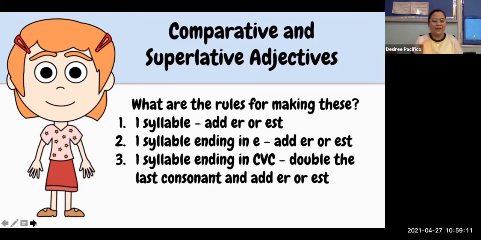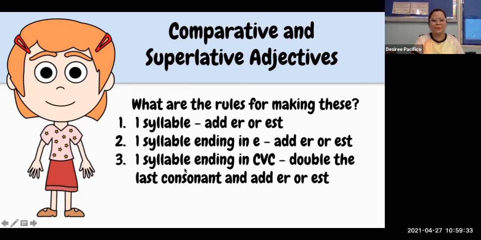So we just add ER to make it larger and EST to make it largest. Okay? Now, one syllable ending in E. So you just need to add ER or EST. Just like the word large, it ends with an E.